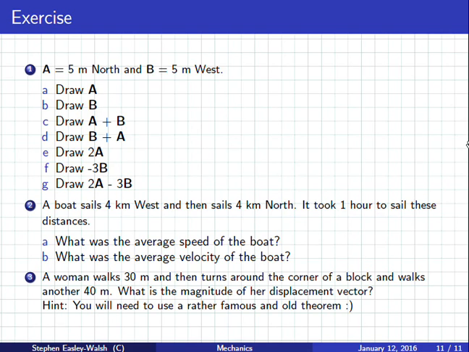Commutative means that A plus B equals B plus A. Yeah? Okay.